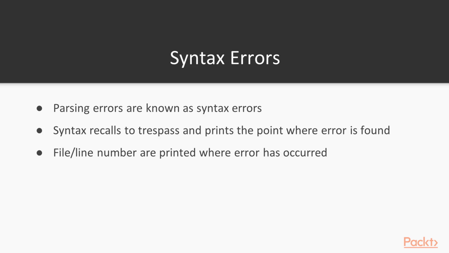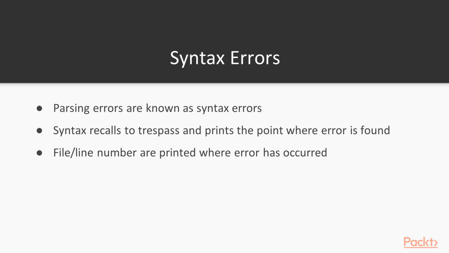As such, a program with a syntax error cannot be compiled properly, and you must rectify the syntax of the erroneous code to get the desired output. Python makes it easier for you to identify the error by printing the file or line number at which the error was detected.